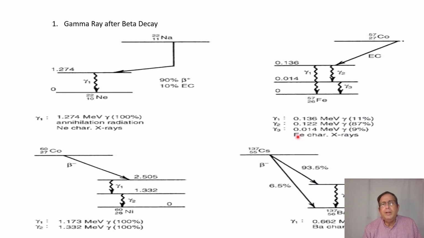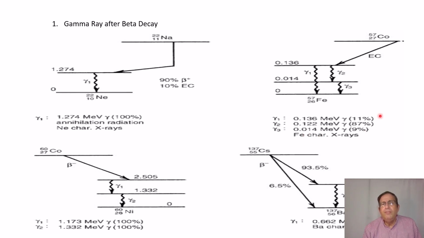Similarly, gamma 2 is produced, which is of the energy 0.122 MeV, and it is basically a transition from the highest excited state to the second highest excited state. Similarly, a gamma 3 is also produced, which has an energy of 0.014 MeV.